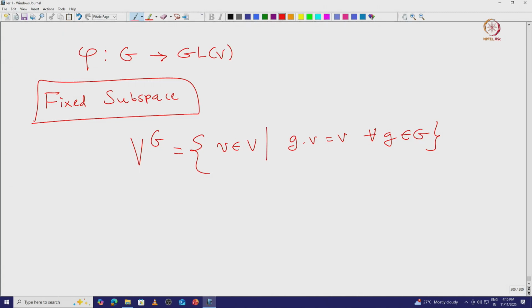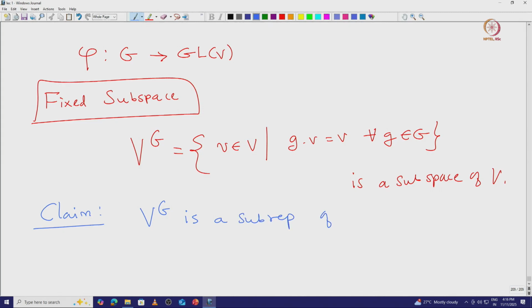So, you can see that this is indeed a subspace of capital V, that is immediate. But what we claim now is that this is indeed a sub representation of capital V. So, V g is a sub representation of capital V.